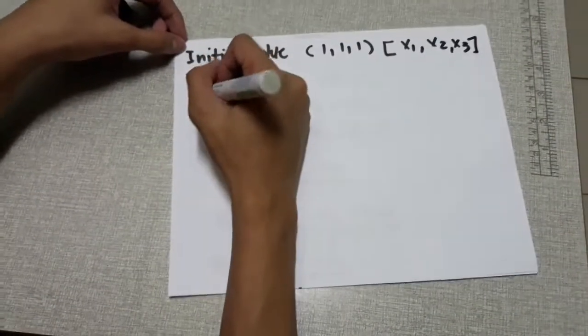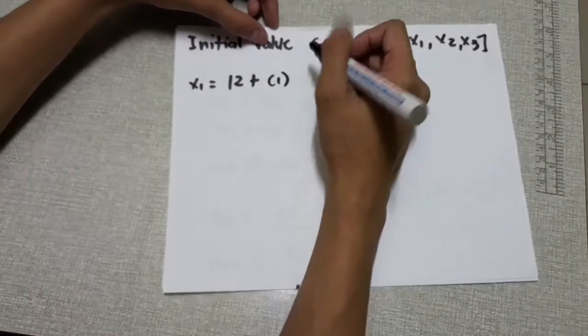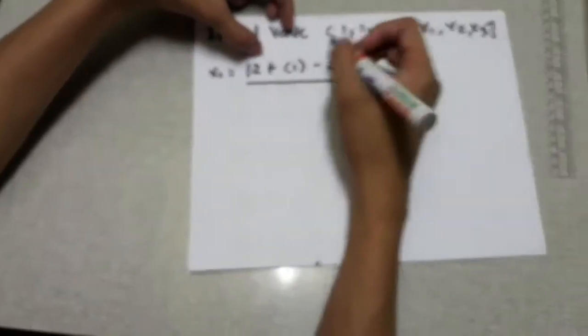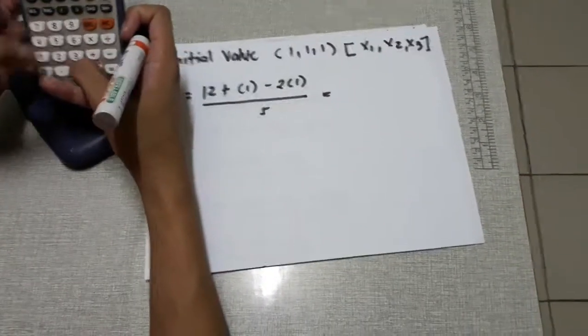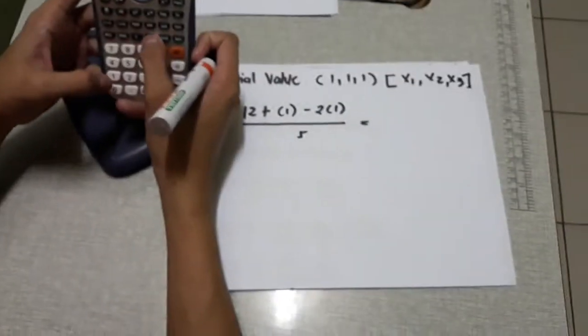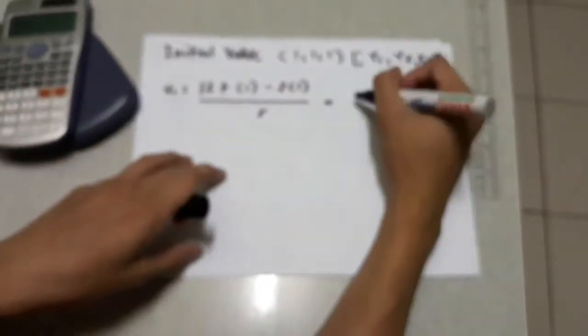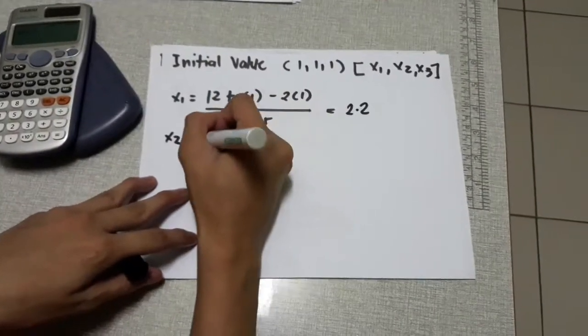So our formula for x sub 1 is 12, substituting the value of x sub 2, which is 1, minus 2 times 1, over 5. Let's calculate. 12 plus 1 minus 2 times 1, divided by 5, is equal to 11 over 5 or 2.2. So our value for x sub 1 is 2.2.